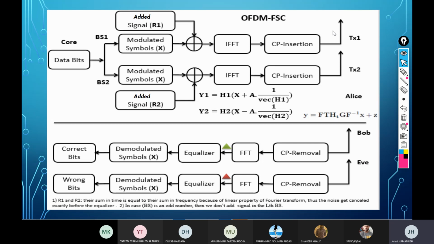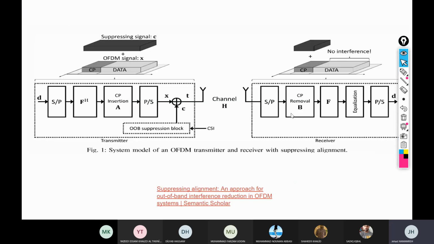For example, in this technique, obviously it adds an artificial signal, but how is this different from the previous ones? It adds a signal on top of your data signal, CP and data, and this signal is designed in such a way that when it passes the channel between the transmitter and receiver, the added signal gets aligned on top of the CP.